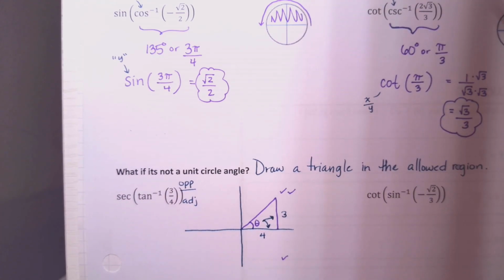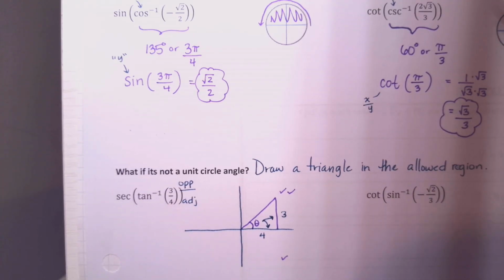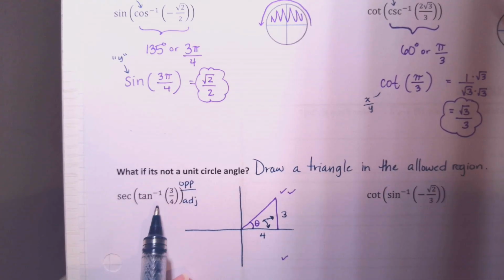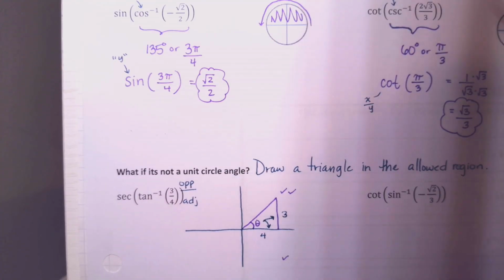From there, I can work on finding the secant. I technically don't even need to figure out what this angle is because my ultimate goal is to just find the secant of whatever this angle is. Now, if you remember, secant is the reciprocal of cosine.